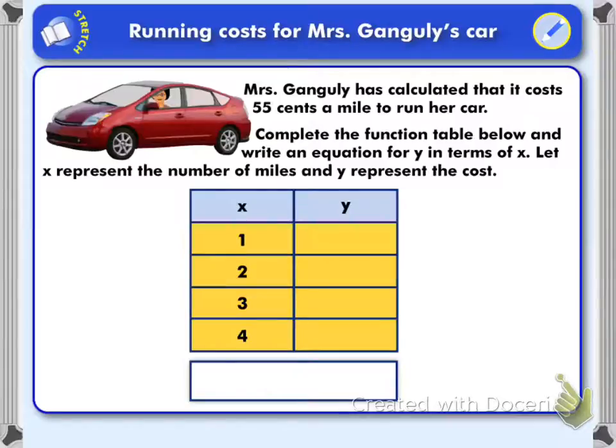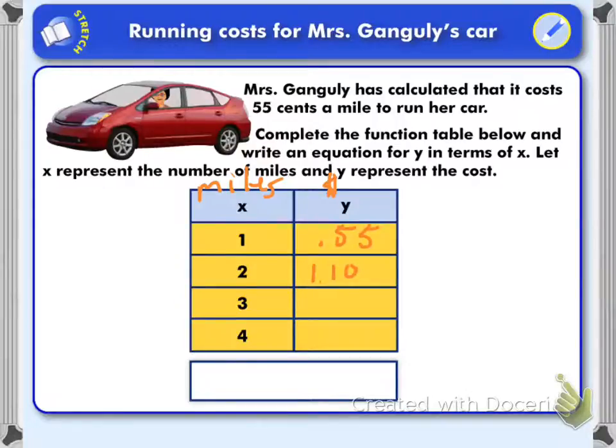Alright, so my x is going to represent my miles, and my y is going to represent my cost. If Mrs. Ganguly travels 1 mile, that means it's going to cost her 55 cents. And if she travels 2 miles, that means it's going to cost her $1.10.